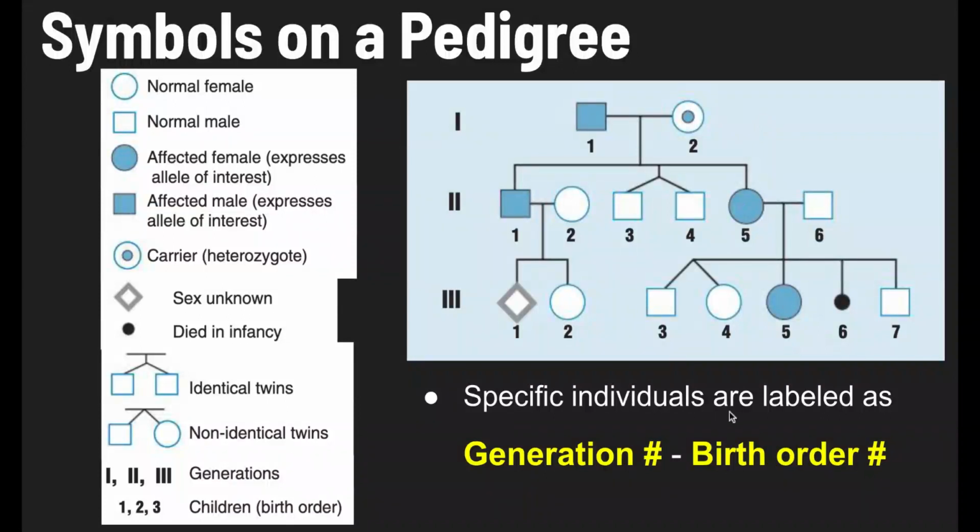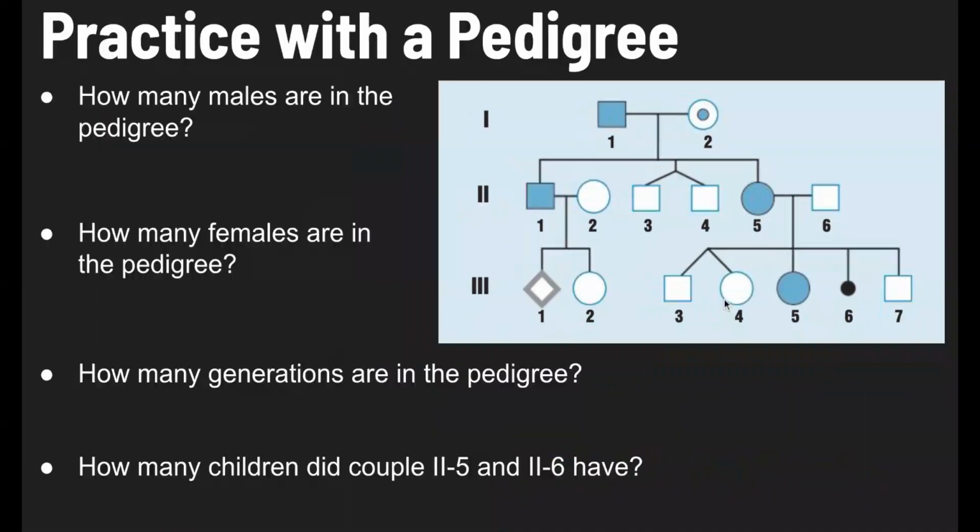Now specific individuals are labeled as the generation number, then the birth number. So for example, if I said point to the individual that's generation 3, individual 4, here's generation 3, individual 4 would be right here. I'm talking about this individual.